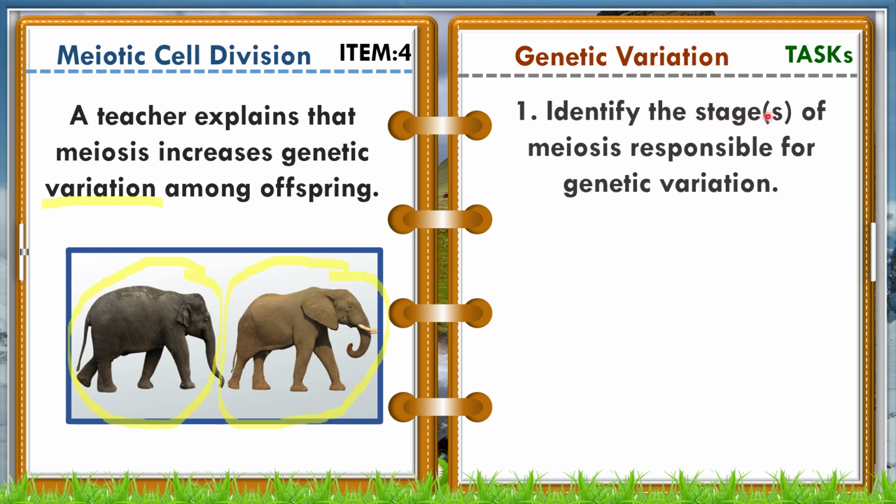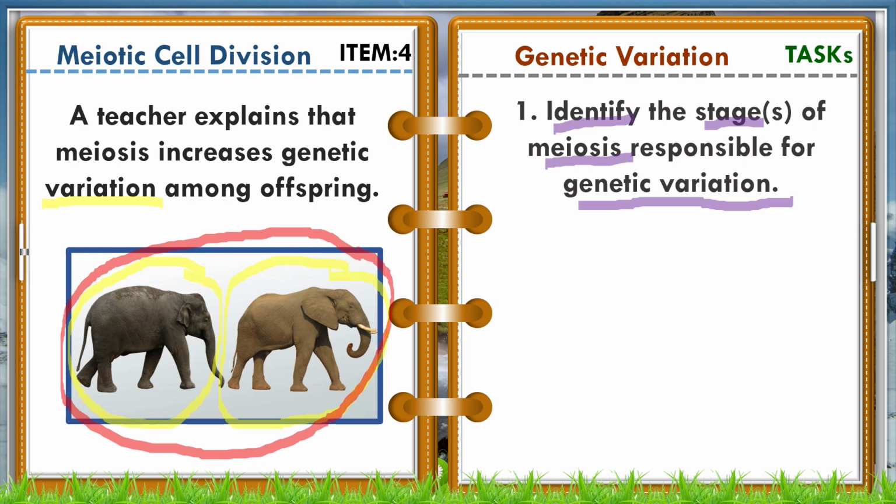Identify the stages of meiosis responsible for genetic variation. They want us to identify those stages of meiosis that are responsible for genetic variation. Why are these 2 elephants different?